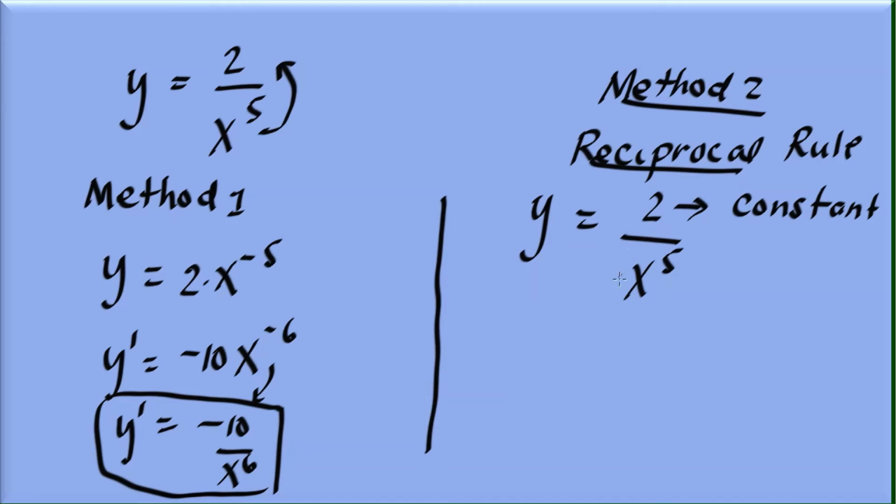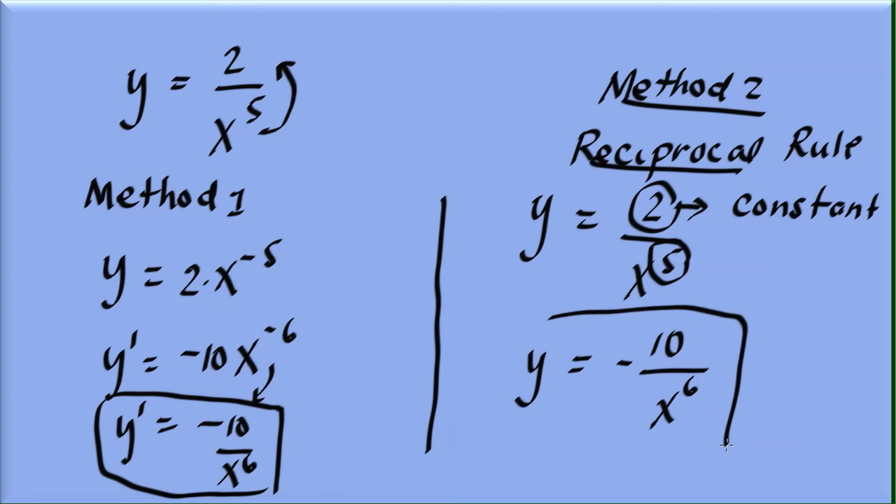So this reciprocal rule or trick is actually a shortcut or a way to bypass that quotient rule. So what you do is multiply this 2 and 5, so that's a 10, over x to the fifth plus 1. So now it's a 6. And also the last thing you have to do is switch the sign. So we have this negative 10 over x to the 6.